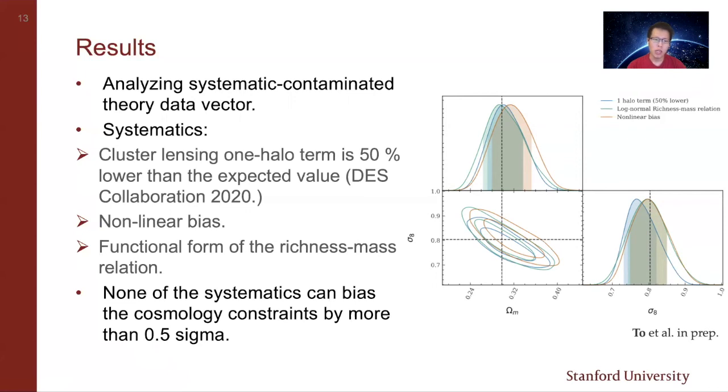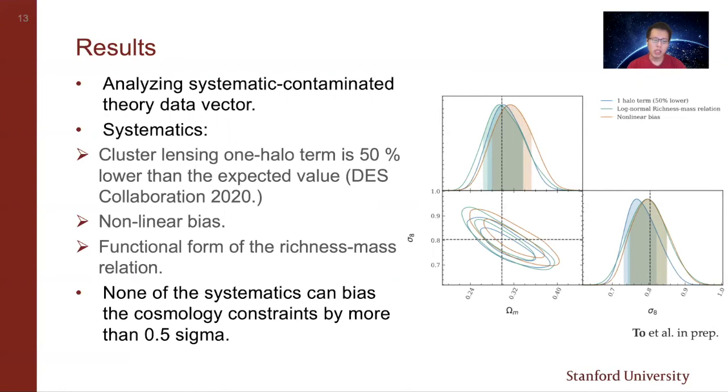The first one is indicated by the DES collaboration in the DES Y1 cosmology analysis, that the mass of the galaxy clusters from the cluster lensing is low. So we therefore make the one-halo term cluster lensing 50% lower than the expected value to see whether we can still recover the true cosmology given this systematic.